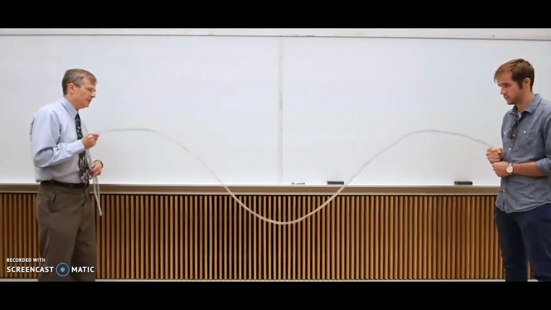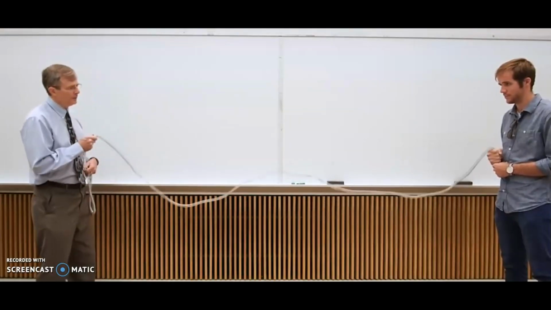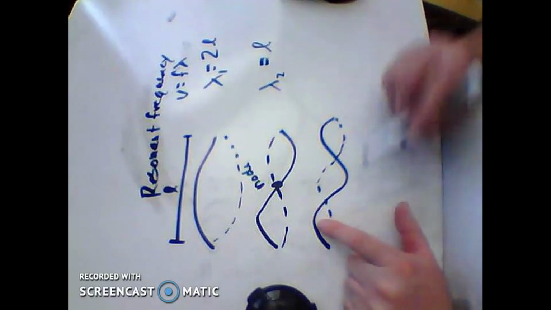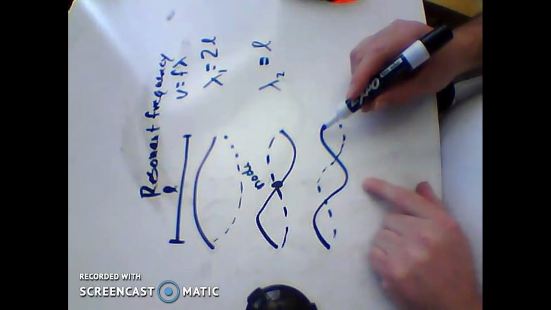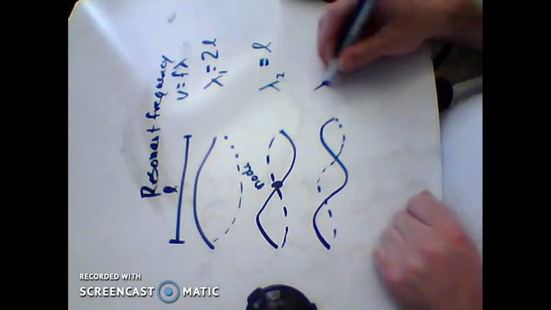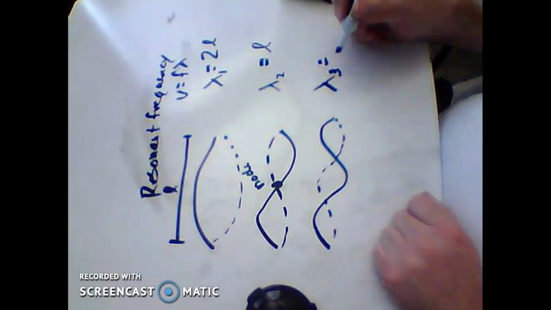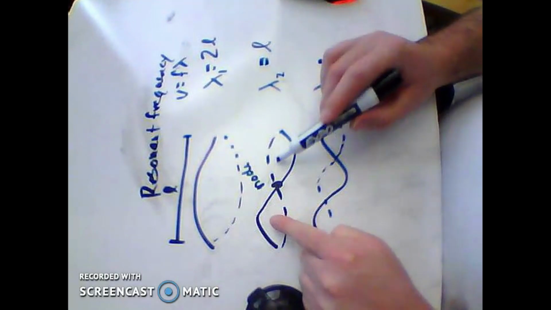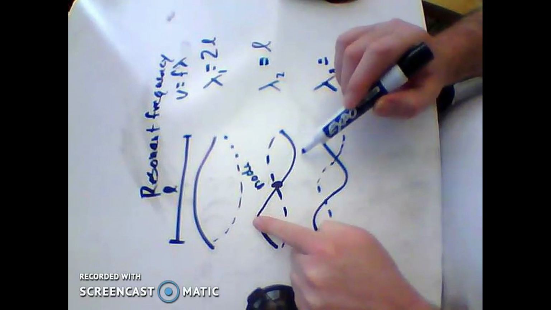And I don't think they did a good job of it in this video, but it's when it's got 3 parts. So we've got a peak, a trough, and a peak over here, and these are constantly flipping back and forth. So lambda 3, well, we learned from these 2 examples, a full wave has 2 antinodes, one that's up and one that's down.